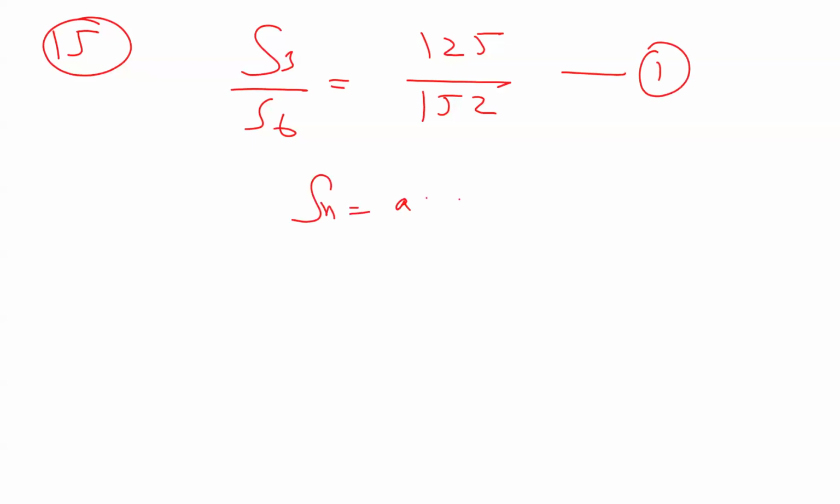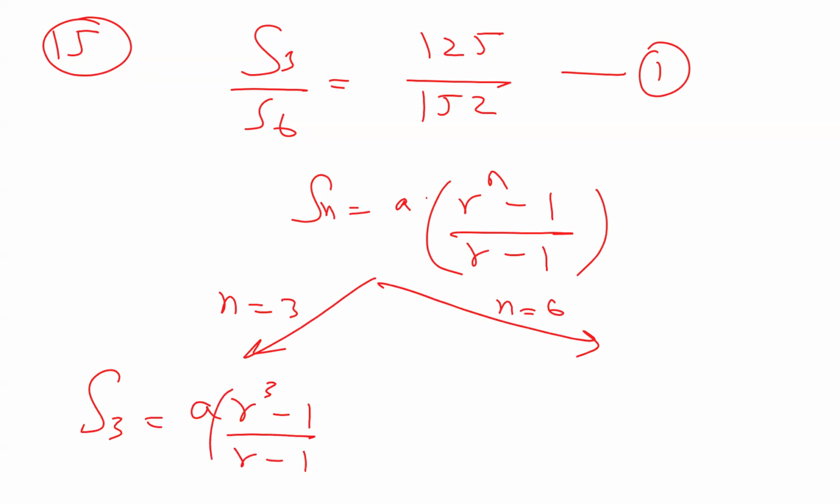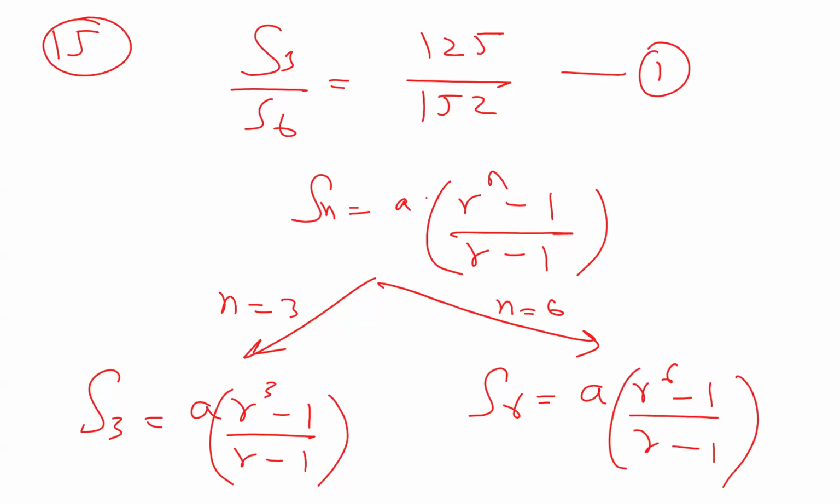Sn is equal to A into R raised to n minus 1 upon R minus 1. For n equal to 3 and n equal to 6, S3 is A into R raised to 3 minus 1 upon R minus 1, and S6 is A into R raised to 6 minus 1 upon R minus 1.